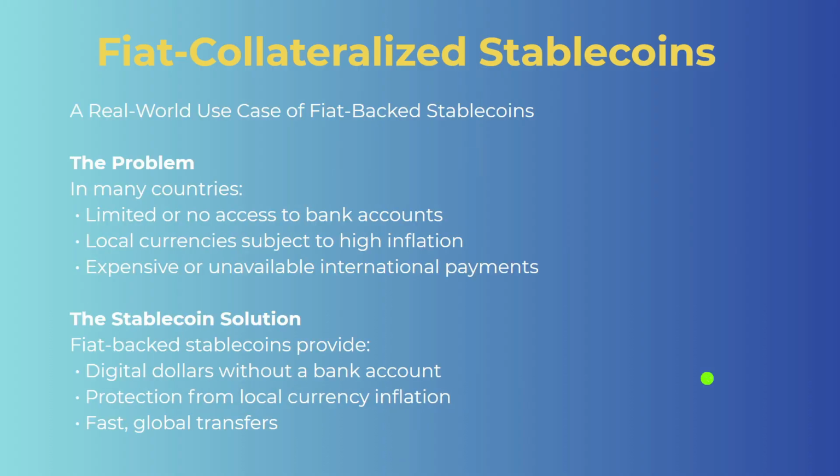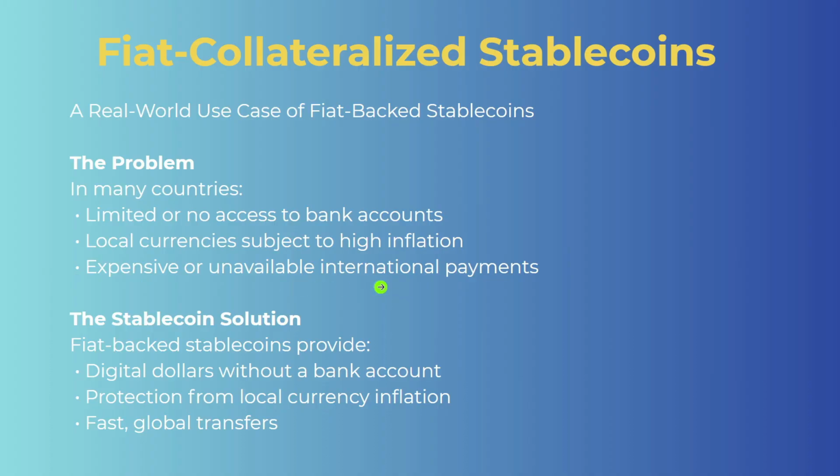There is a very good real use case for these fiat-backed stablecoins. The problem is that in many countries there is limited or no access to bank accounts, and the local currencies are subject to high inflation. Also, international payments are expensive or unavailable.